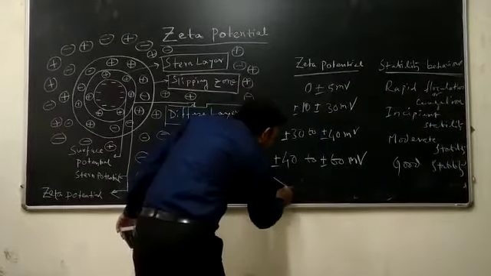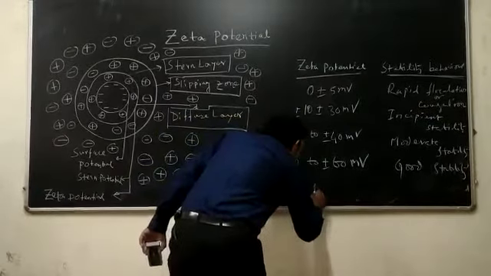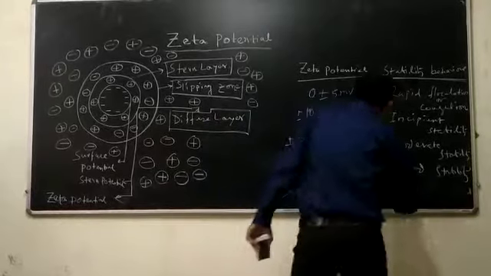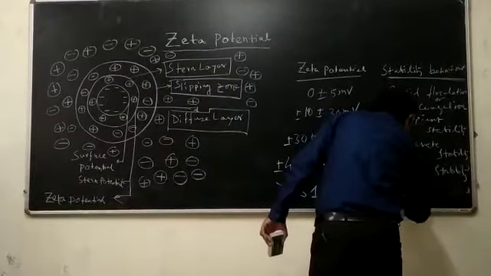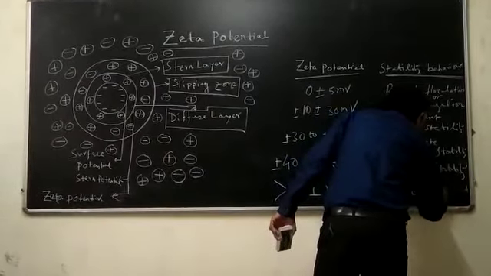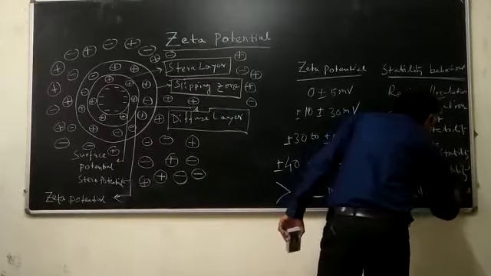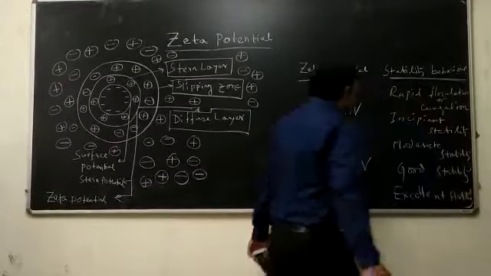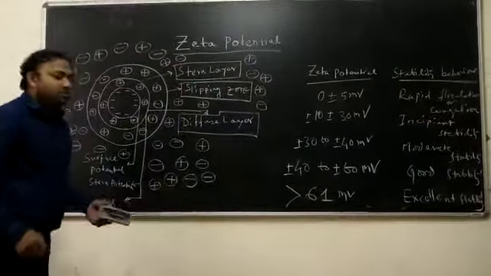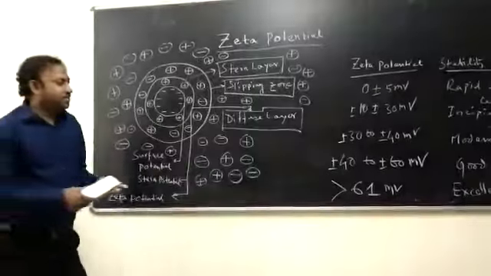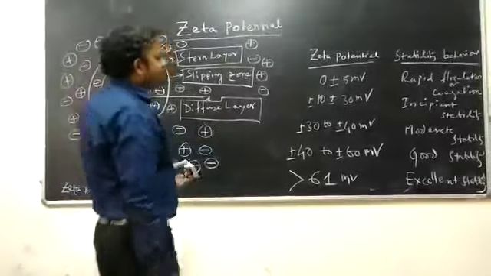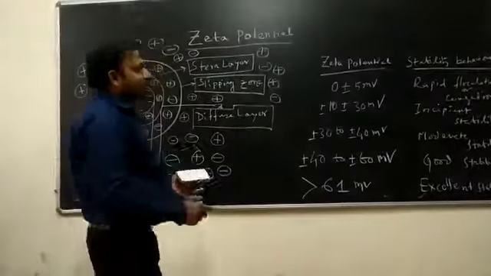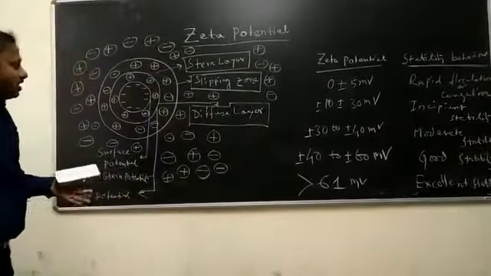And last, greater than 61 millivolts indicates excellent stability. So if the zeta potential is greater than 61 millivolts, the particles stay dispersed in the colloidal dispersion, so the colloidal dispersion will be more stable than the others.